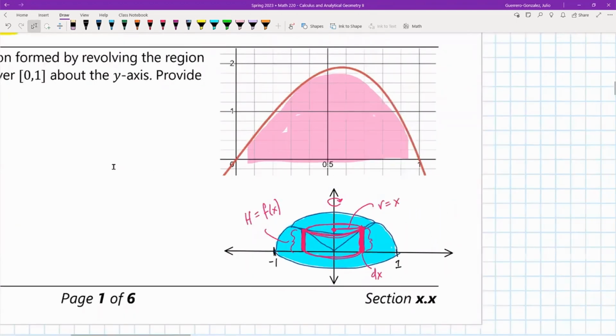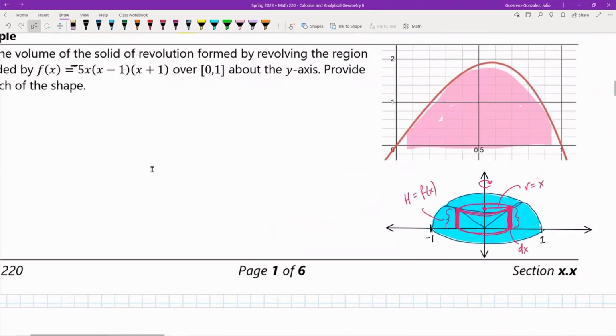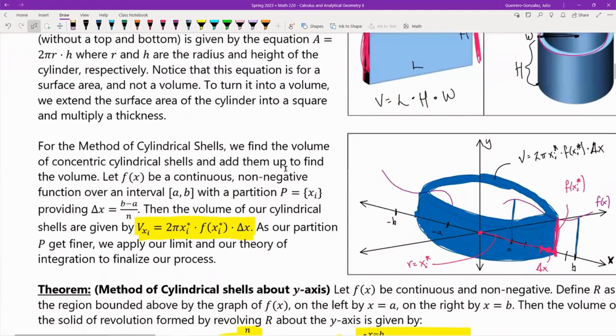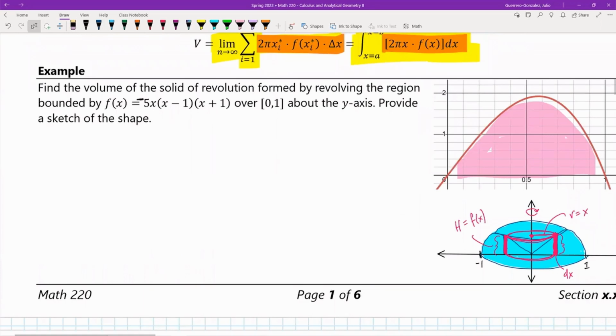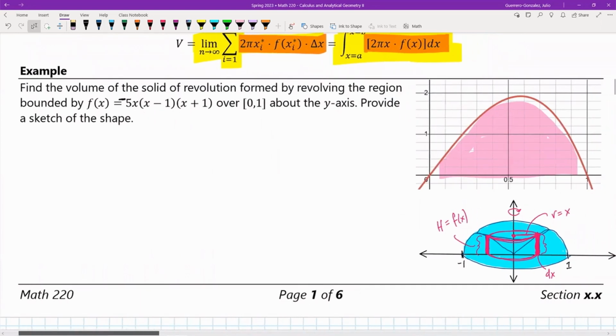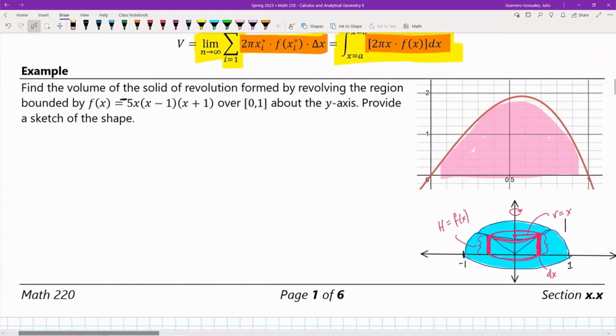So notice how the construction works when we draw these things. It really helps out to draw it and be able to sort of slap down what your cylinder is supposed to look like as close as possible. This is one of the spots in calculus 2, at least, where you really want to be meticulous.